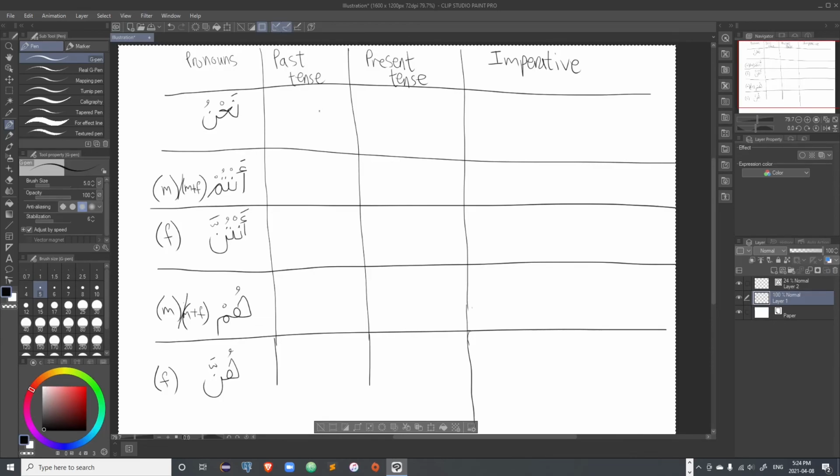Then we have the root. Another root. And then فعل.